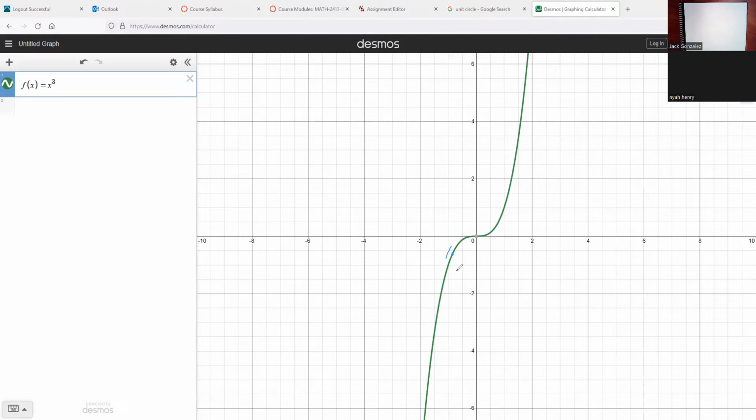I'll show you how to find them in a moment, but basically they tell you about rates. On a graph, they tell you about slopes, which are rates, right? So let's say you had a parabola.